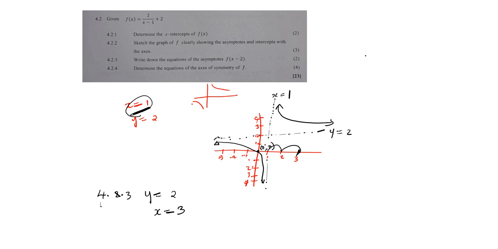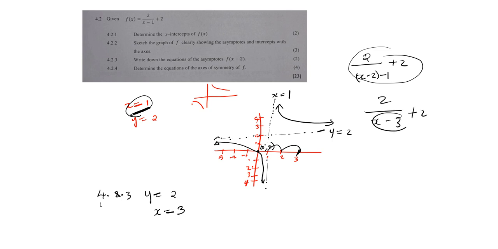You can just say 2 divided by, where you see x, you are going to write x minus 2. Then you have minus 1 plus 2 like this. This is from the function or the graph that we are given. So this is 2 divided by x minus 3 plus 2. Then this is what we are dealing with.